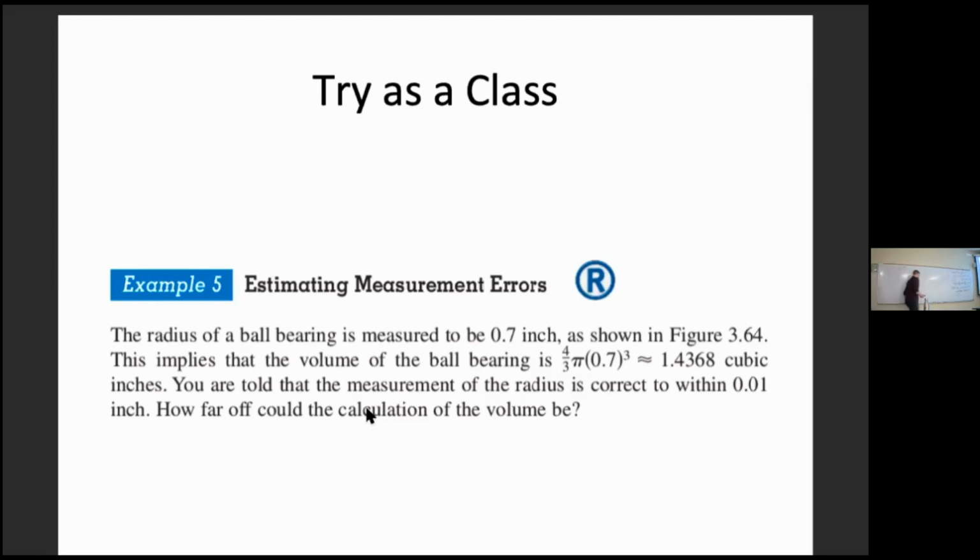So we know the volume of a sphere is equal to 4/3 times pi r cubed. And just like this problem tells us, our sphere is approximately 1.4368 cubic inches in volume.